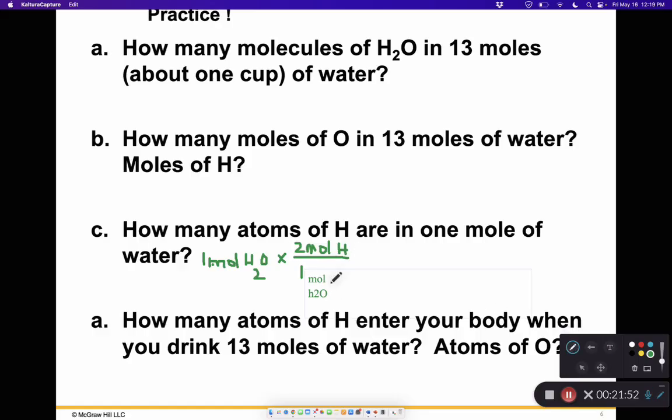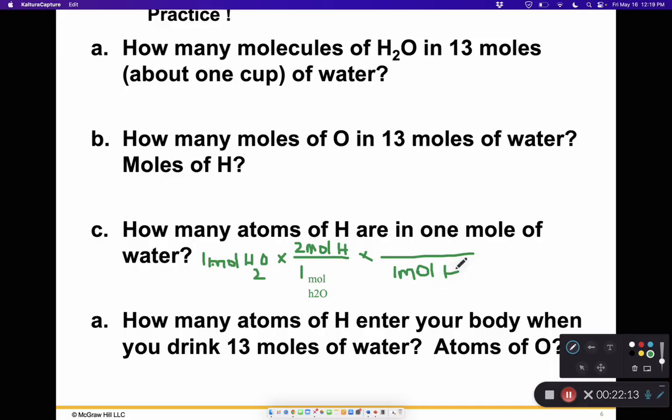And then the question is asking me about atoms of hydrogen. So from moles, I have to get the atoms. What is the relation? The relation is the definition of mole. 1 mole of anything contains Avogadro's number of that thing.